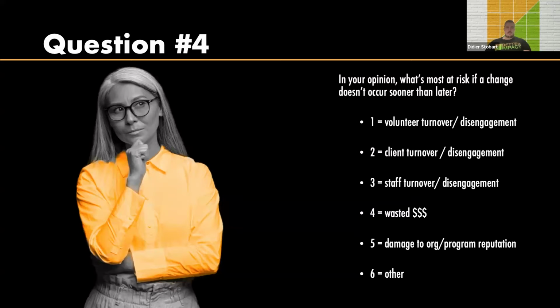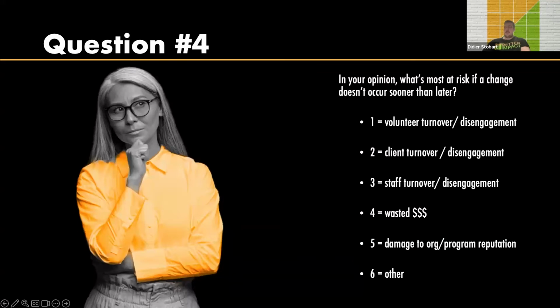That is quite a common fear for certain organizations if a change doesn't occur. Iona is the same, 1 and 5. That's quite interesting that 2 people have the same fear if a change doesn't occur. Jenny is number 1, 4, and 6.